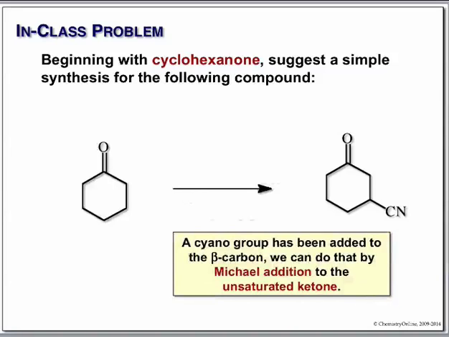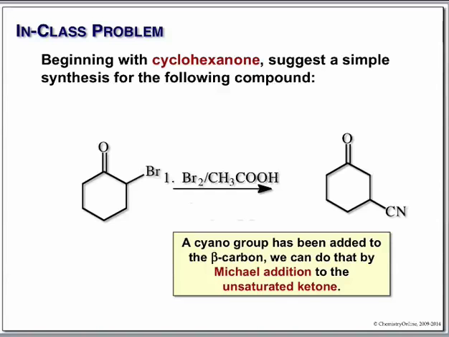Step 1, we need to introduce our double bond here. How are we going to do that? One of the very first reactions that we learned about enolates was that we could take a simple ketone or aldehyde in the presence of bromine and acetic acid and make it alpha bromo.